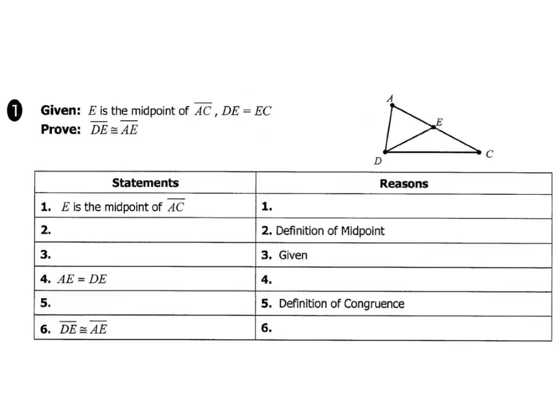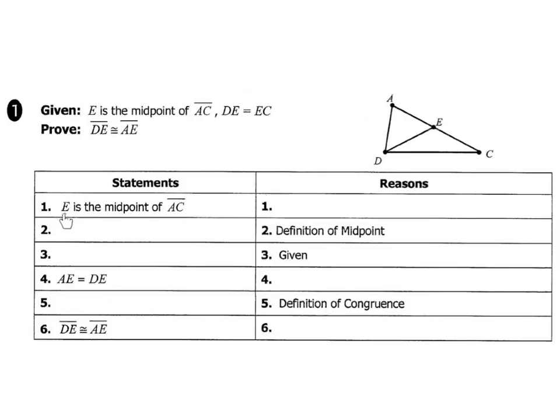We're given that E is the midpoint of AC and that DE equals EC. Now we're given some statements and some reasons, and we have to fill in some of the statements and some of the reasons. Before, I gave you all the statements and you gave me the reasons, now it's all mixed up. So what we need to do is first state our given information.